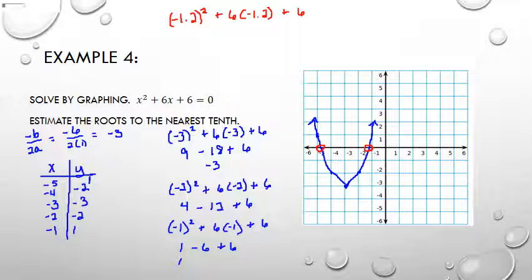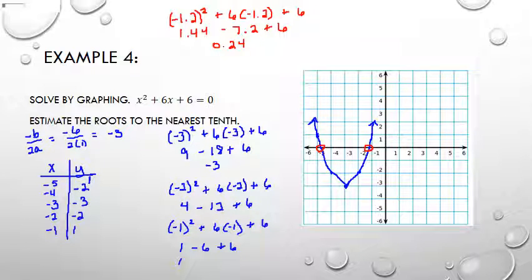So right now I'm doing the -1.2 squared, and I get the 1.44, and then 6 times -1.2 gives us -7.2 plus 6. Then type that in, 1.44 minus 7.2 plus 6. And that gives us 0.24.